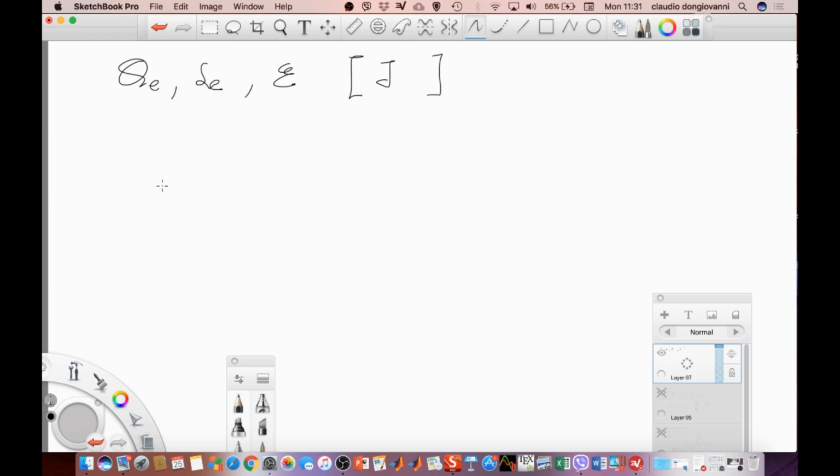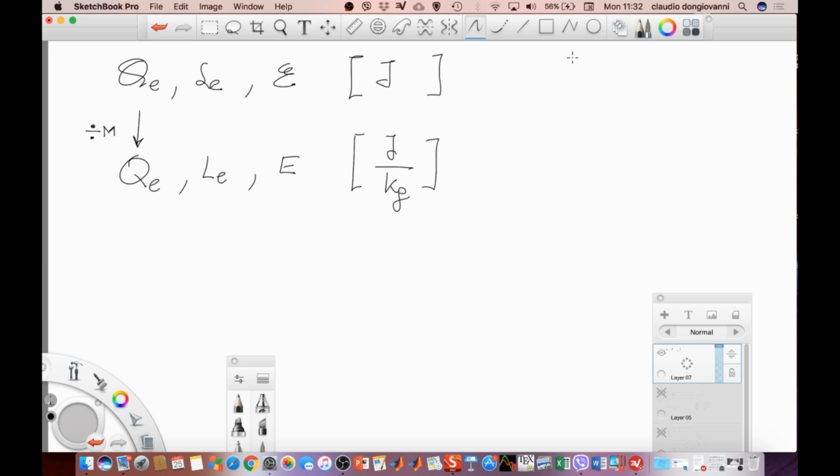So we define the quantity per unit of mass. Obviously, they are divided by m, the mass of our system.